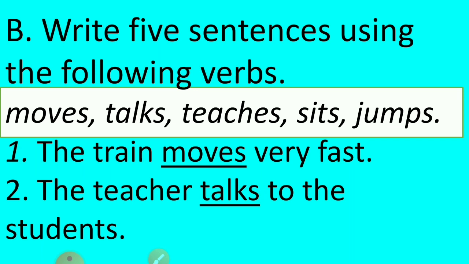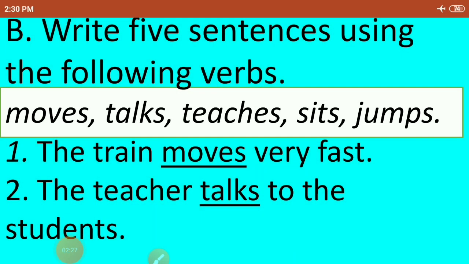We have to write 5 sentences using the following verbs. So which are the words given in the box? Let's read it aloud. The first one, moves, talks, teaches, sits, jumps.